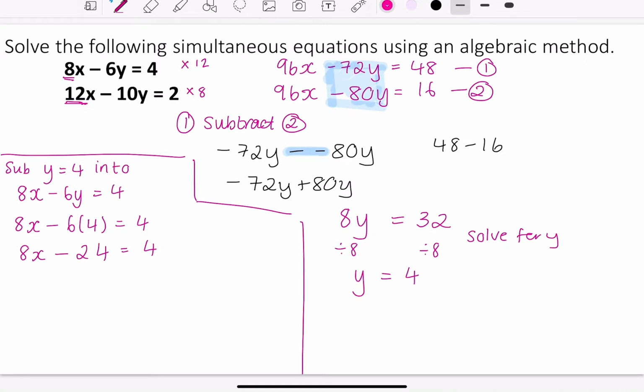So we're going to add 24 to both sides. That's going to give us a value of 8x is equal to 28. Then all you need to do is divide both sides by 8.